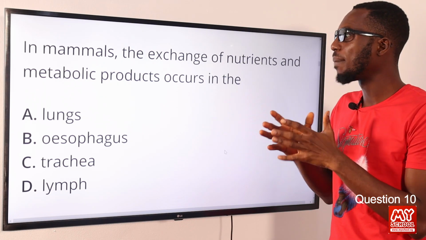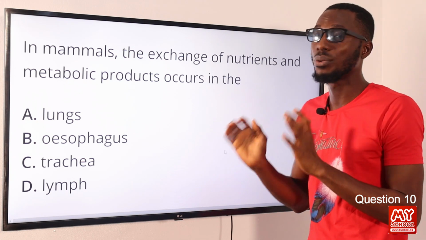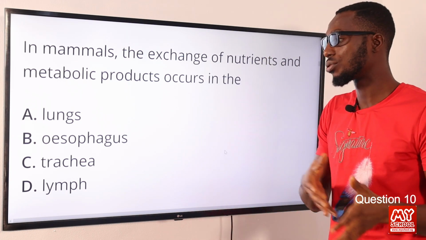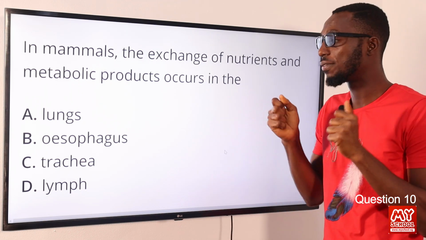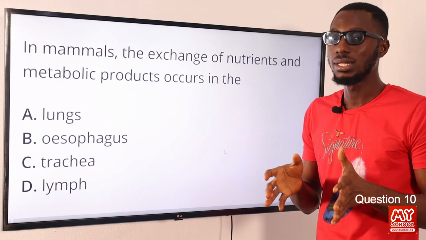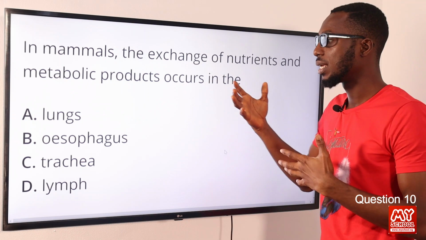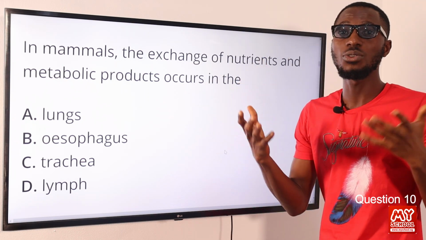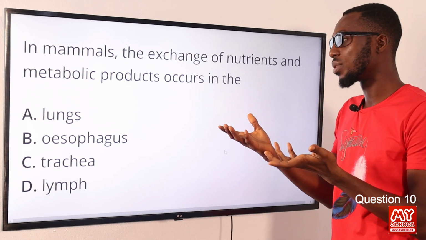So basically in mammals, the exchange of nutrients and metabolic products occurs, we are going to give it to the lymph, because alongside the others I mentioned, they associate with the blood to function as an efficient transport system. How do they do this? Imagine your lungs. Blood that lacks oxygen, or that oxygen has been drained off, will be brought to the lungs, and there the exchange will take place.